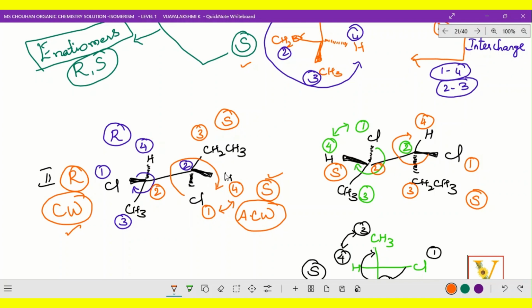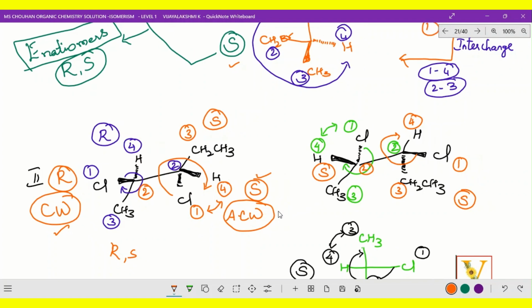Here hydrogen is on the wedge side, so an interchange has to take place. When an interchange takes place, the rotation changes. I marked 1 2 3 4 in orange color, which looks clockwise, but due to the interchange it is anti-clockwise. So anti-clockwise means S, yes.